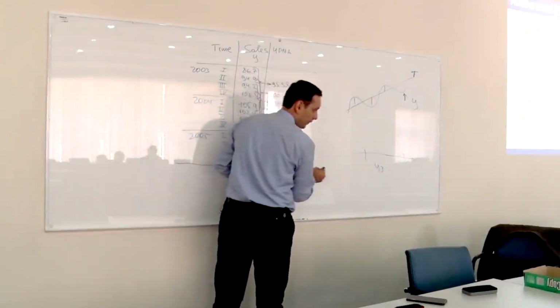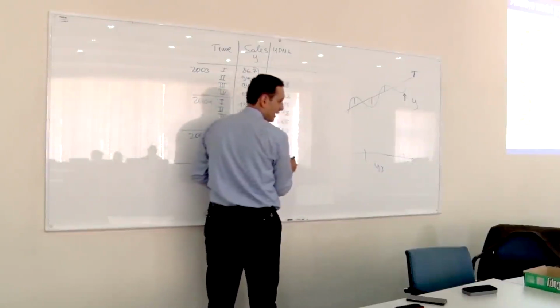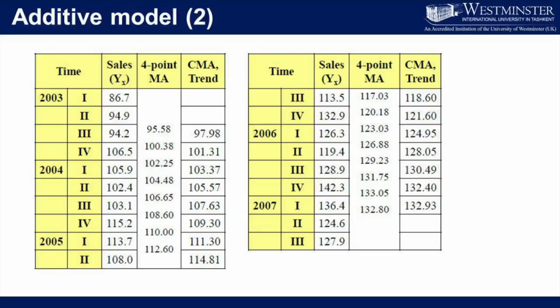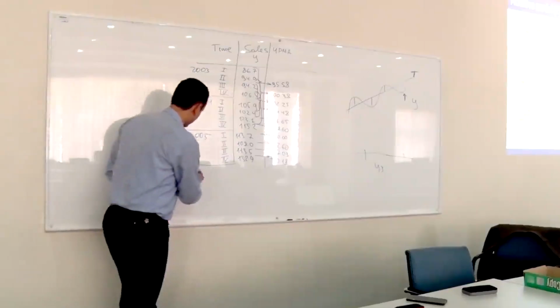Then you have 117.03, and 120.18. Okay? So here we have calculated, so here we have 2006, 1, 2, etc., and 2007.